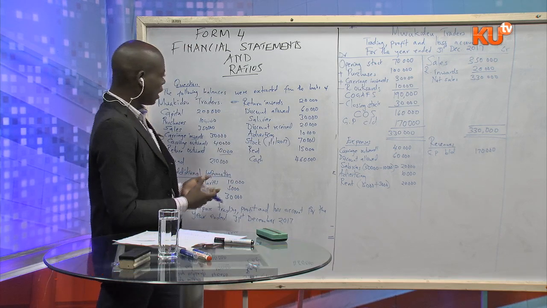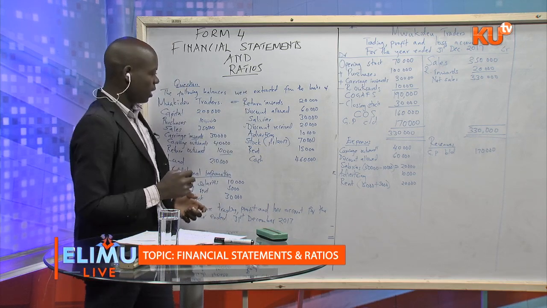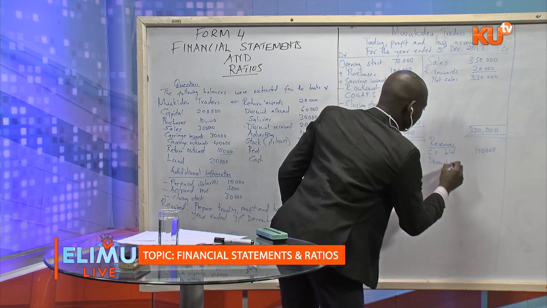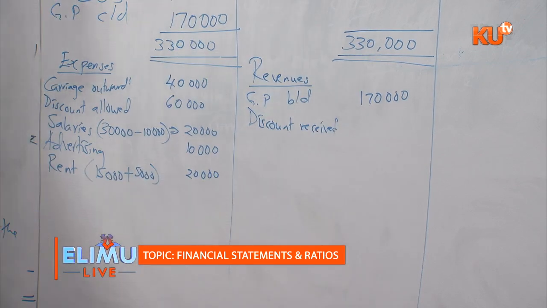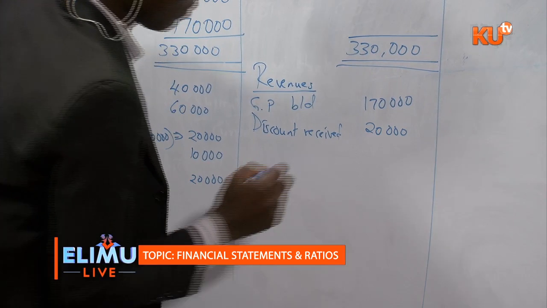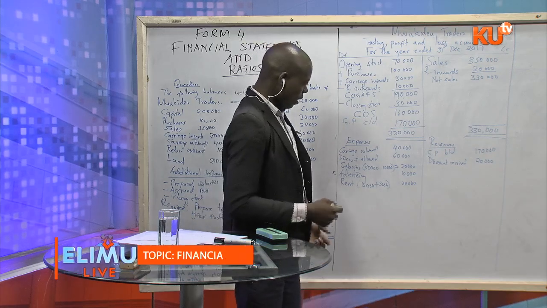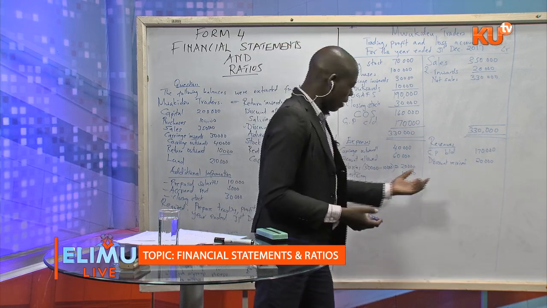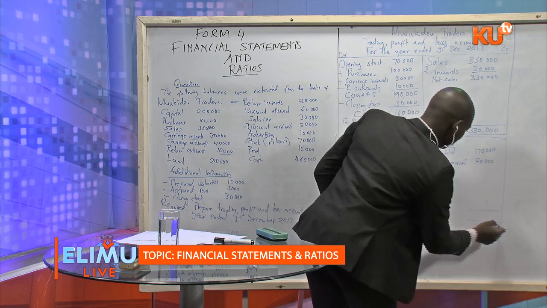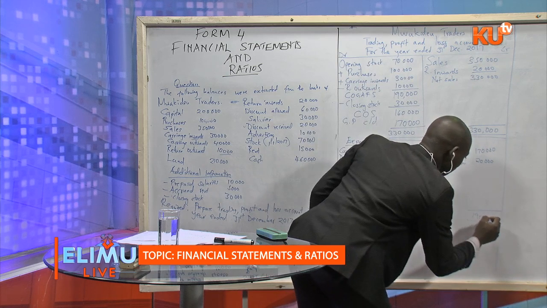And then now we need to look at the incomes. From the entries, we only have one, discount received. So we'll record it here, discount received, which will be 20,000. And so we need to add and see which side is higher than the other. Definitely you can easily tell that the CR will be higher than the DR. The CR has a total of 170,000 plus 20,000, that is 190,000.